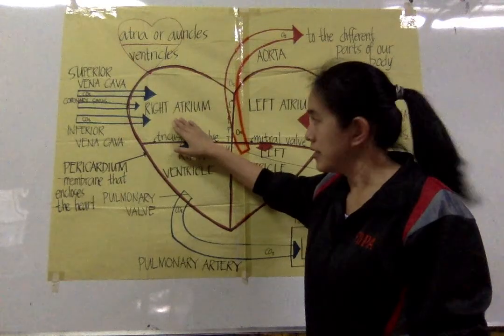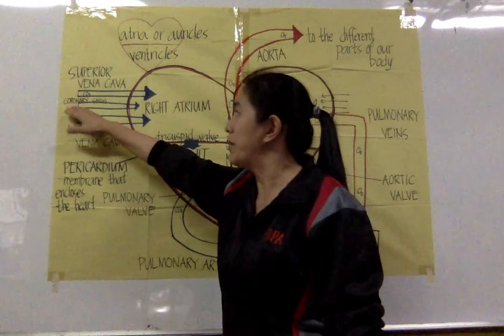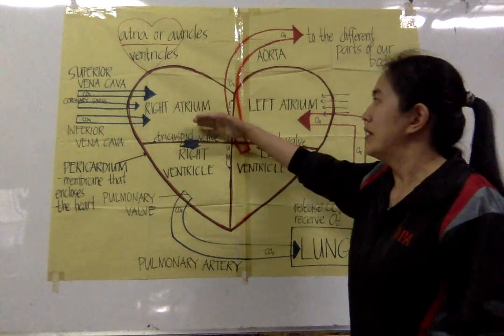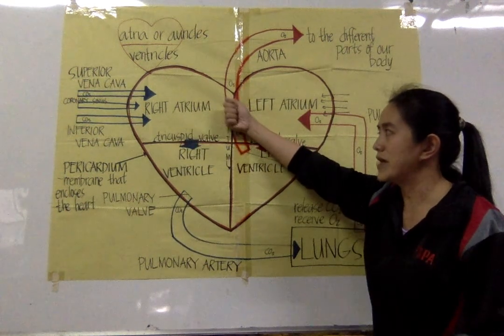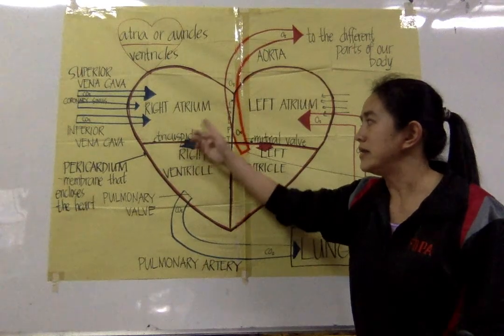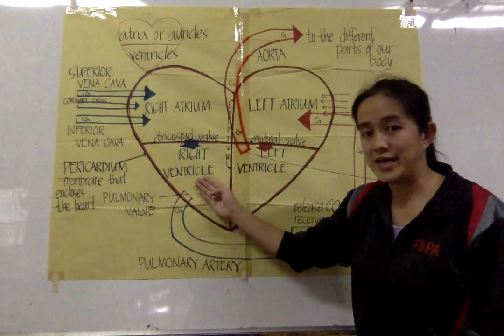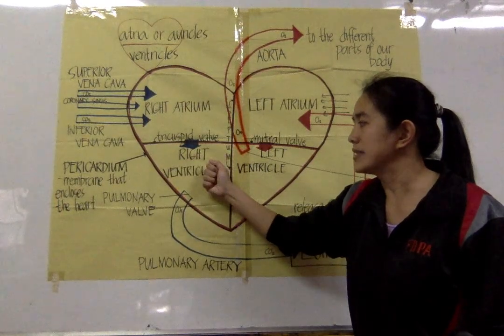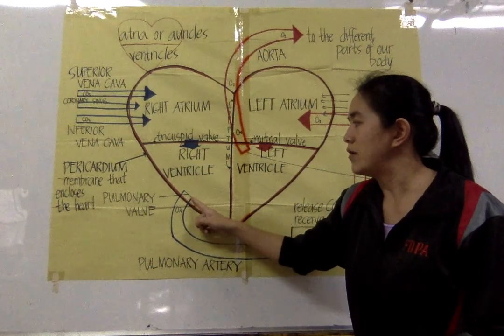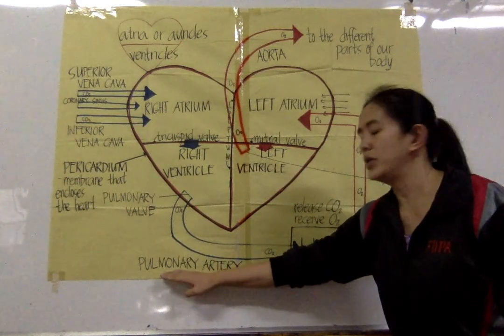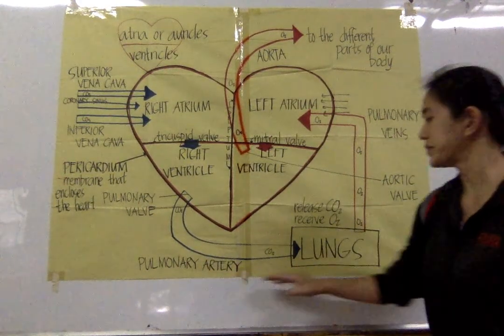Of course, our heart has its own blood. It will pass through coronary sinus to the right atrium. When right and left atrium contracts, tricuspid valve will open and the blood will go down to the right ventricle. When right ventricle contracts, pulmonary valve will open and the blood will go to the lungs through the pulmonary artery.